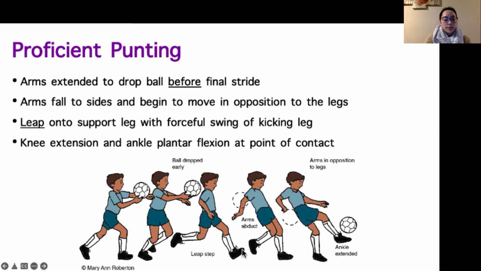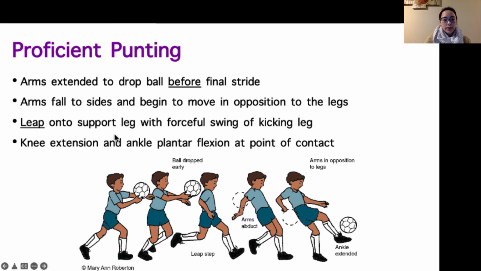Usually there's a leap step, so again increasing the distance across which a force is applied by lengthening that step, which then can translate to greater velocity of the foot because it's traveling a greater arc length.